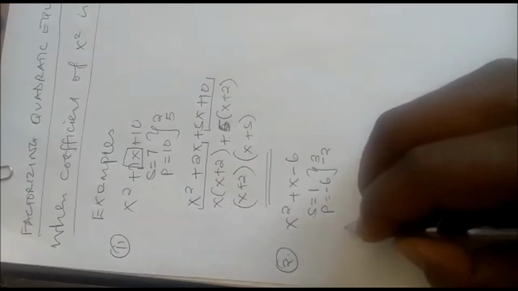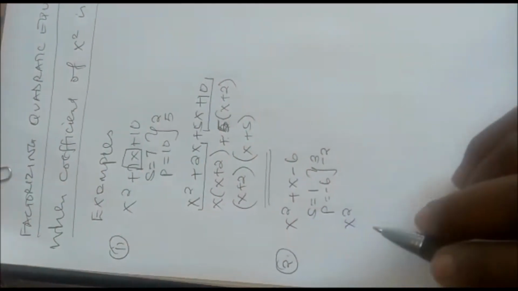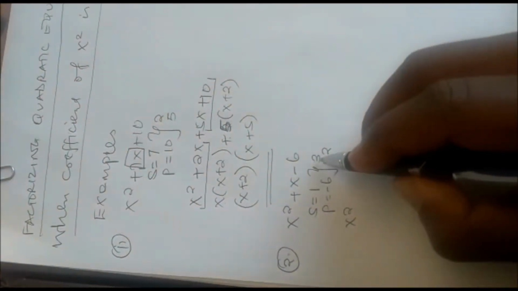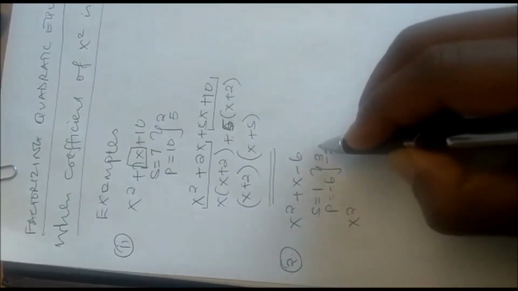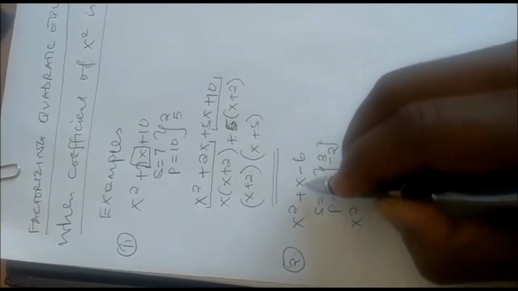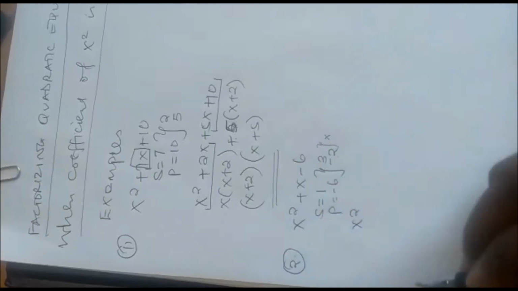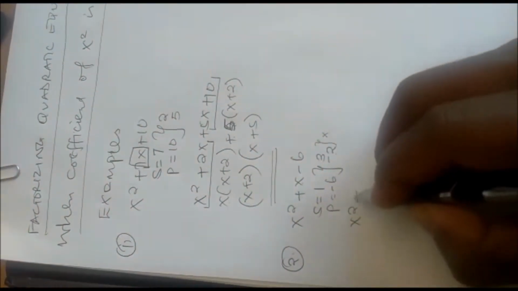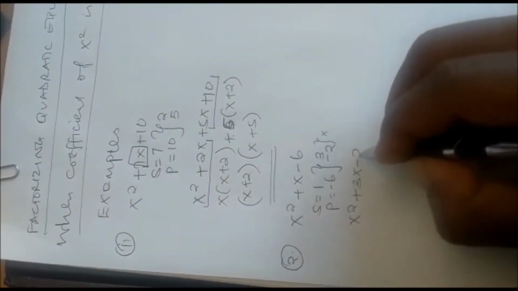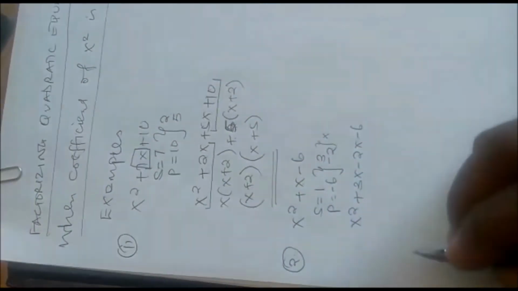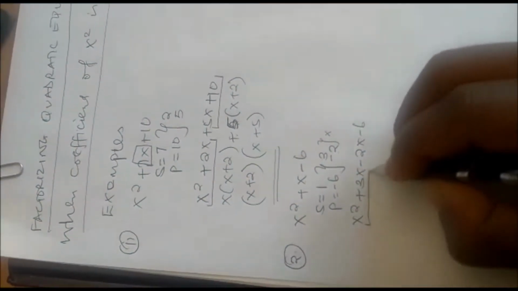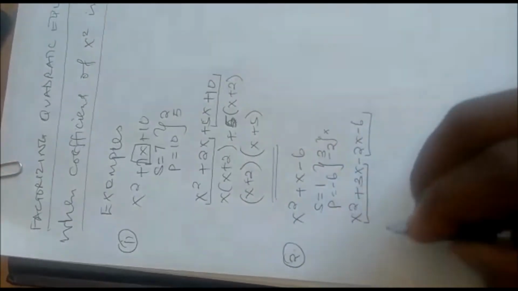So we shall have x squared. We had said earlier that these 3 and negative 2 have to take on the variable x. So we shall therefore have plus 3x minus 2x minus 6. We group them in two pairs.